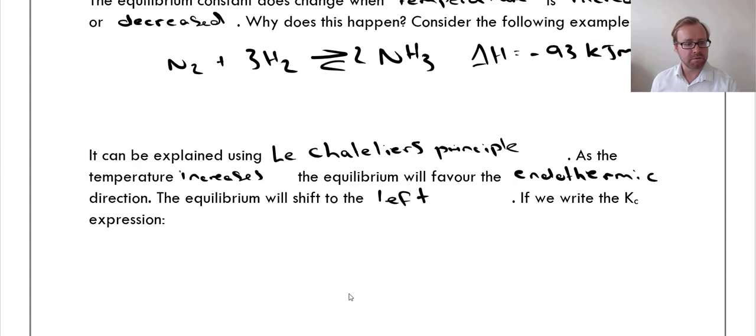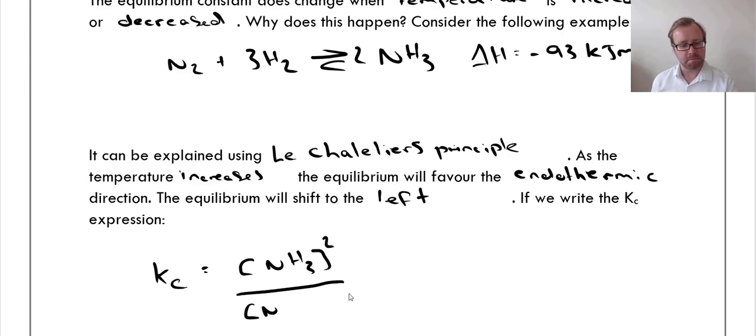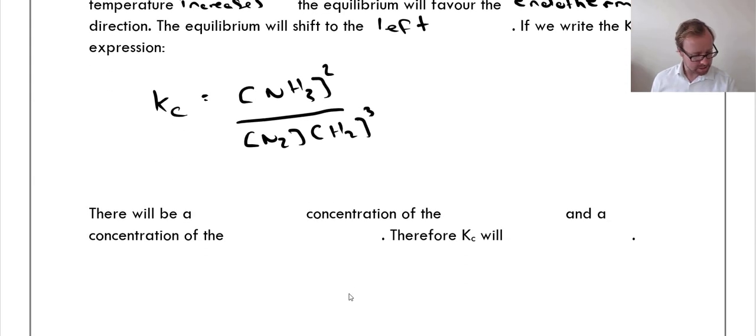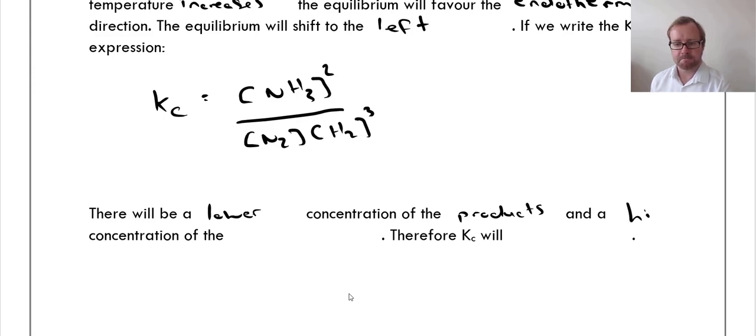Therefore, if we then write the Kc expression, we will notice something. We will notice that there will be a lower concentration of the products and a higher concentration of the reactants.